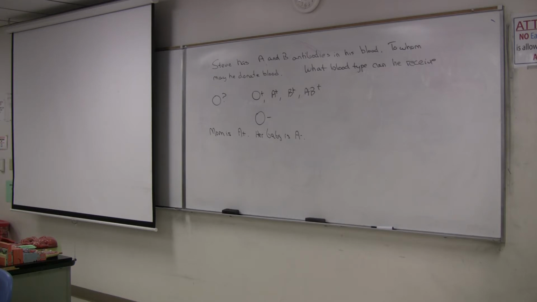The baby is A negative. If the baby's blood gets into the mother's blood, it's not going to matter. Because the baby has A antigen, the mom has A antigen. There's no incompatibility there. The baby doesn't have the D antigen, so if his blood gets into the mother's blood, there's not a problem. Since the mother has the D antigen, she's not going to have a D antibody. So when her antibodies cross into the baby's blood, only D antibodies would, and the baby doesn't have the antigen.